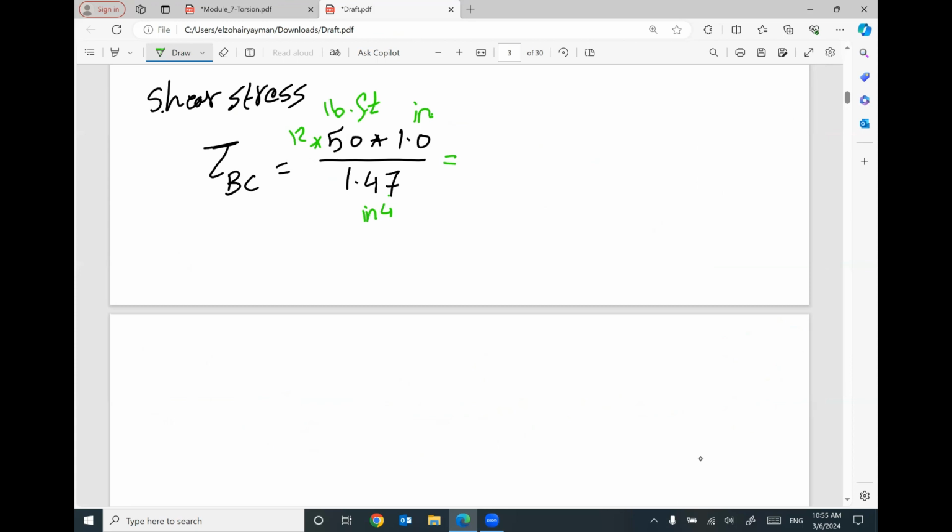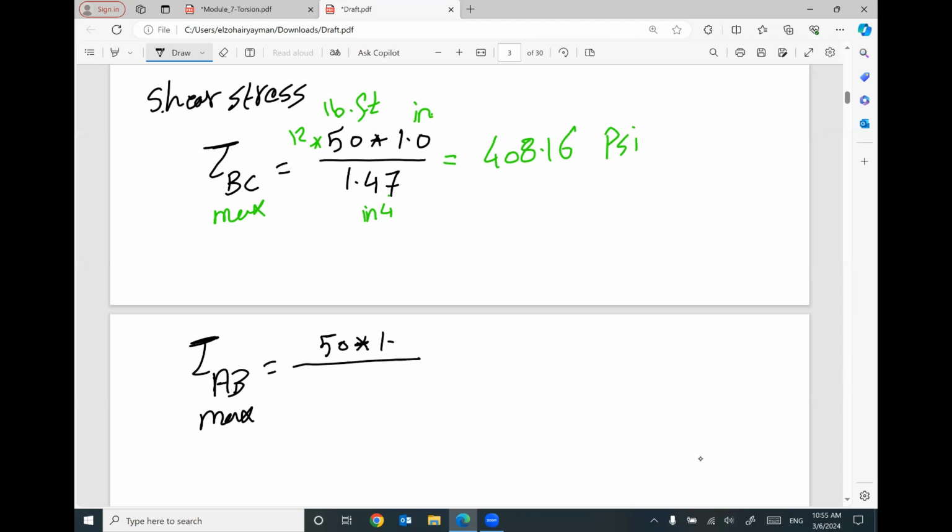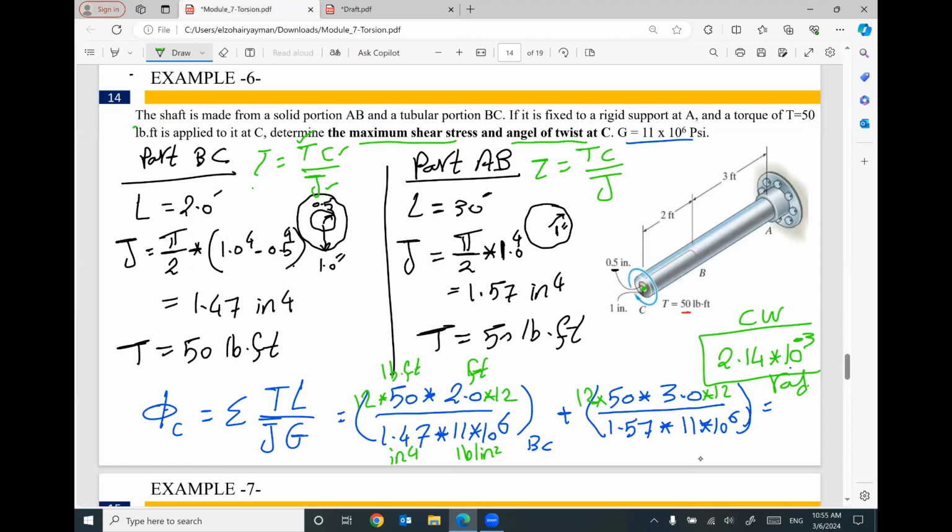It will be 408.16 psi. This is the maximum shear stress in part BC. The maximum shear stress in part BA or AB will equal the applied torque 50 times the radius of this part 1 divided by 1.57, the value of the J, and the radius is 1 also.